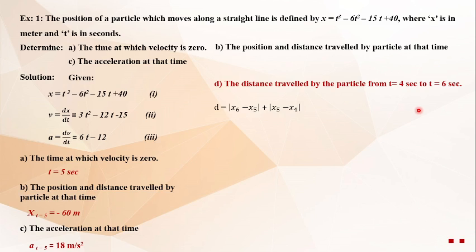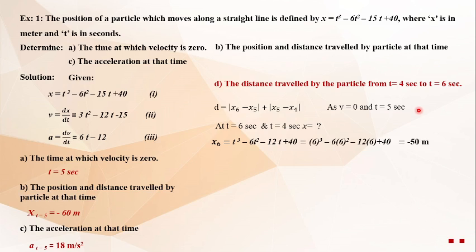Whatever differences we have in between will give the total distance traveled by the particle. We know velocity is 0 at t equal to 5 seconds, so we find the displacement at t equal to 4, 5 and 6 one by one by substituting these values in equation number 1.